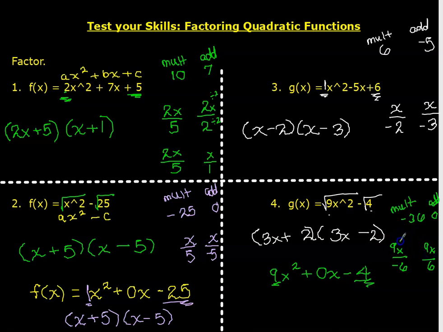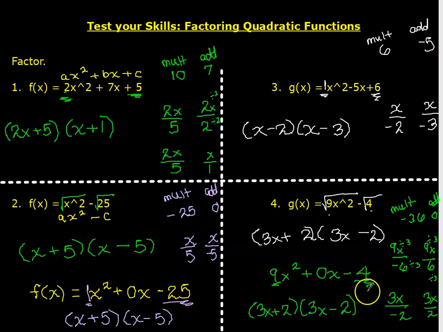You can divide each one of these by 3. Sorry, I'm out of room on this one. So this will reduce into 3x over negative 2 and then 3x over positive 2. And these two fractions are your two parentheses, 3x plus 2 and 3x minus 2.